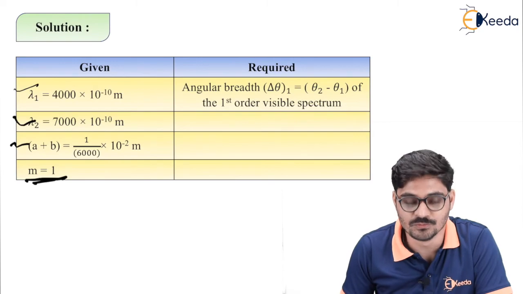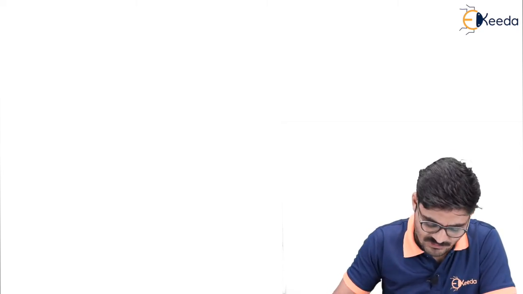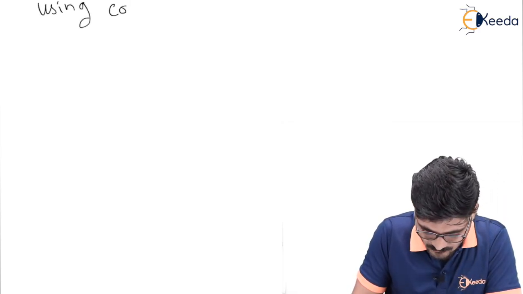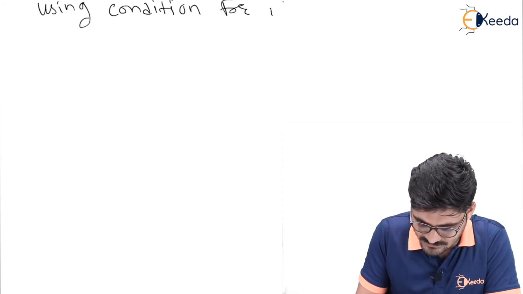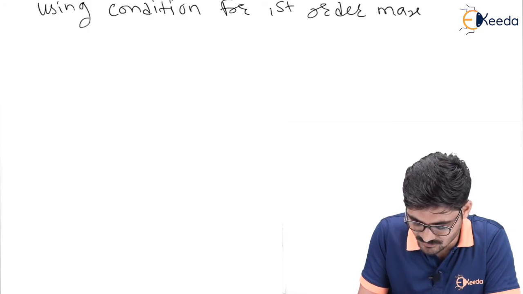So how will you obtain theta 1 and theta 2? Simply using the condition for maxima.